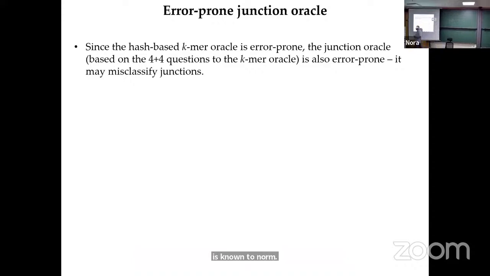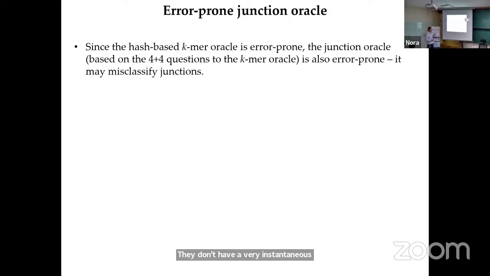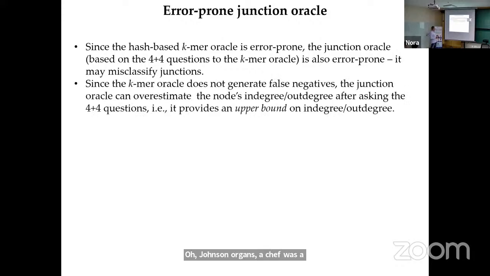So what we now have is a very inexpensive junction oracle, but it's error prone. And since this k-mer oracle is error prone, our junction oracle that checks whether a (k-1)-mer is a junction is also error prone. It only overestimates the degrees, because it provides an upper bound, since the k-mer oracle doesn't generate false negatives.